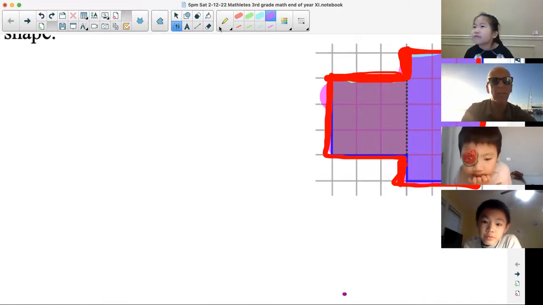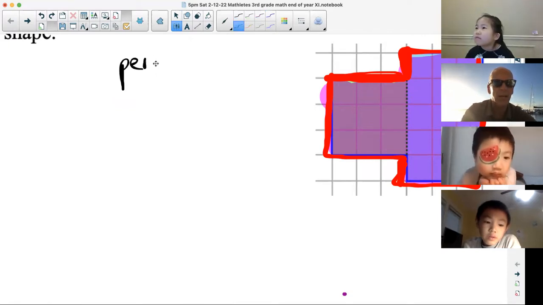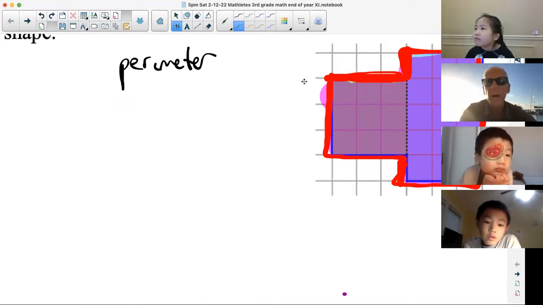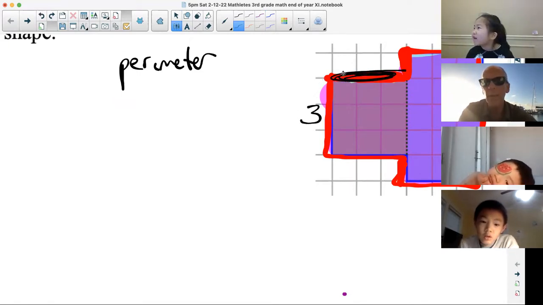Whoops, that's a little too thick. That's even too thick. Come on, guys. How long is that segment right there? Come on. 1, 2, come on, guys. How long is that segment? 3. How long is this segment?